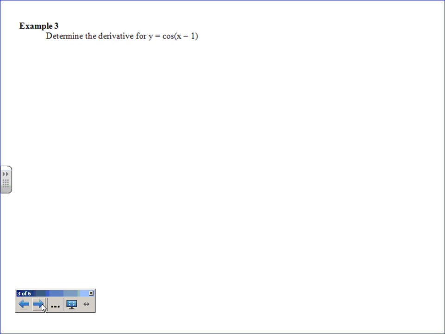So again, do you want to see the f of x and g of x again, or do you kind of have that? Because f of x here is cosine of x, g of x is x minus 1, right? So obviously you start by taking the derivative of the left side, which is just y prime. That's easy. So according to trig's chain rule, what should I do?